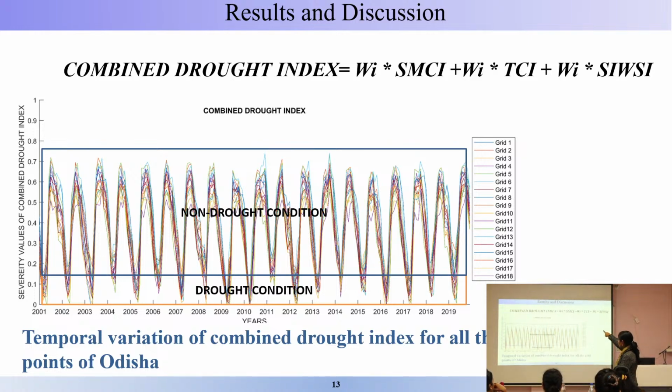From soil moisture status, SMCI; from vegetation health, TCI; then from crop water stress, SIWSI 1. These were selected as per the analysis and their weights were determined. And weights were different for different locations. That's why we cannot put any one number. Each grid had its own weightage for different indices.